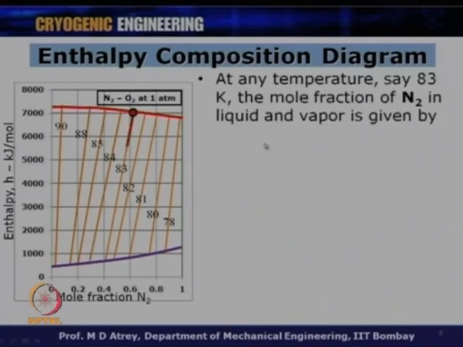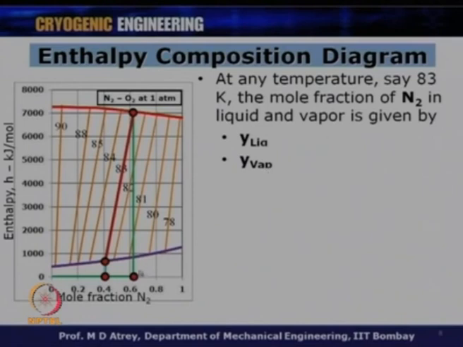Let us go ahead. Now, let us say at any temperature, say at 83 Kelvin for example, the mole fraction of nitrogen in liquid and vapor is given by Y liquid. So, the liquid at 83 Kelvin is a saturated liquid, and this is a saturated vapor. At this point, what is the composition of liquid? It is Y liquid, which is around this. And what is the vapor at 83 Kelvin? It is this.